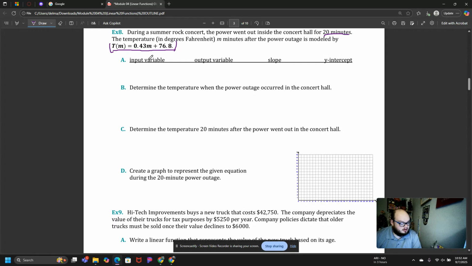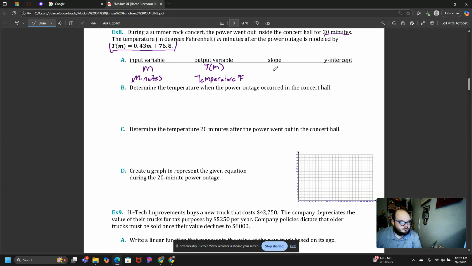Okay, so the input is M, and what does M stand for? The minutes since the power went out. Okay, the output is T of M. Okay, and that's the temperature. So this is just a setup of us analyzing, okay, what's going on.